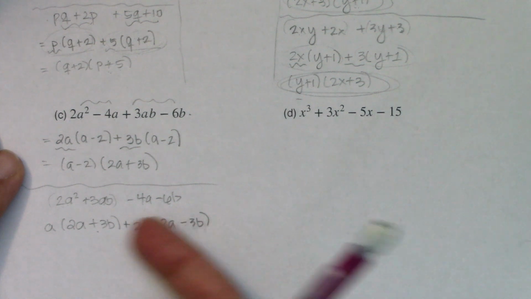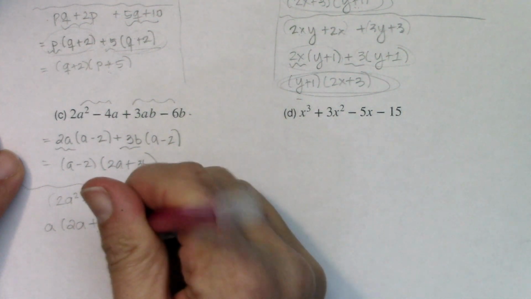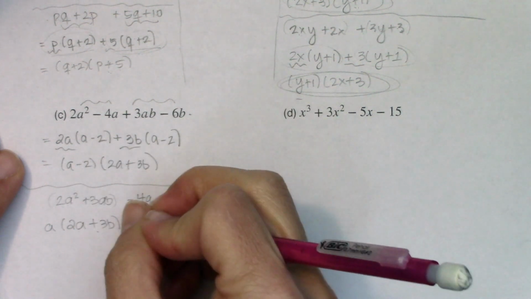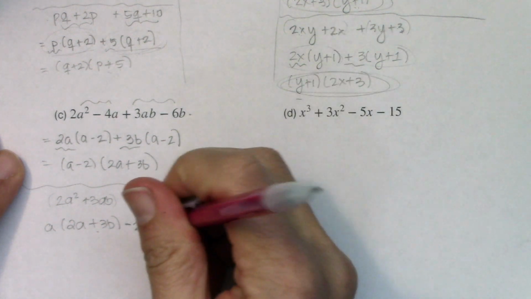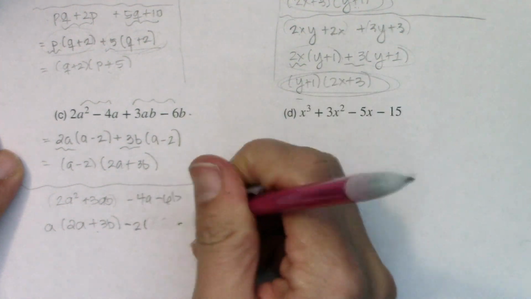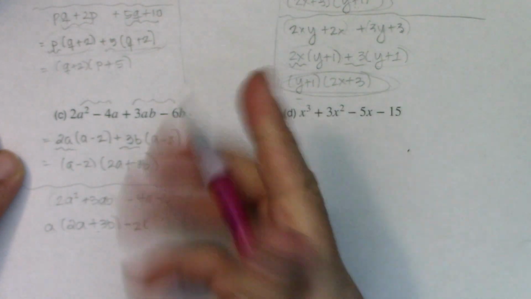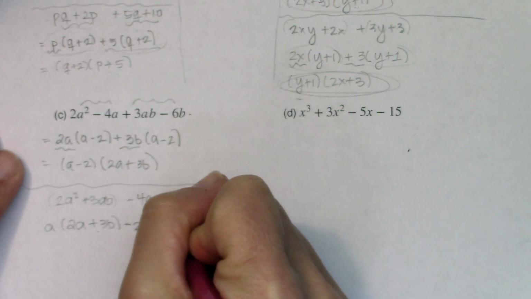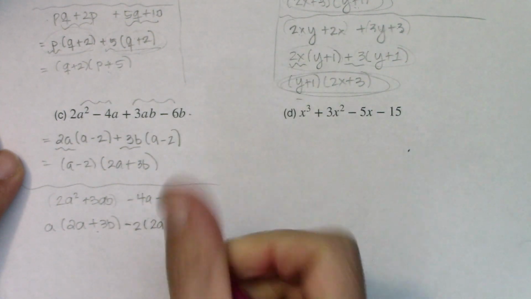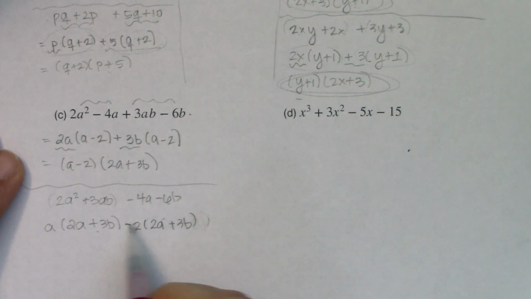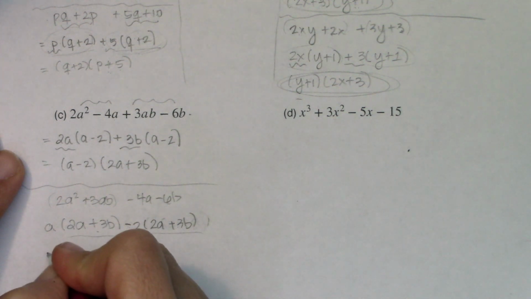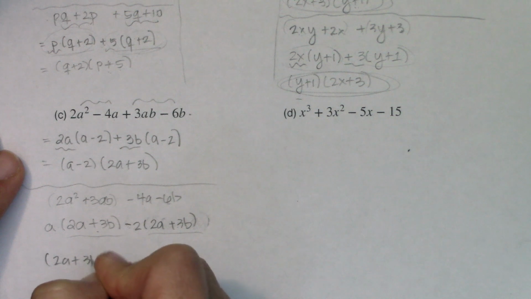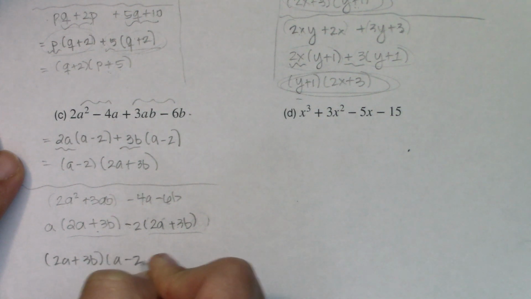But if I take the negative out with this, like we saw before, to have that positive lead coefficient, then I'm looking at 2a plus 3b, because negative times positive is negative, negative times positive is negative. And you can see now that back binomial matches. So when I factor out 2a plus 3b, I'm left with a minus 2.